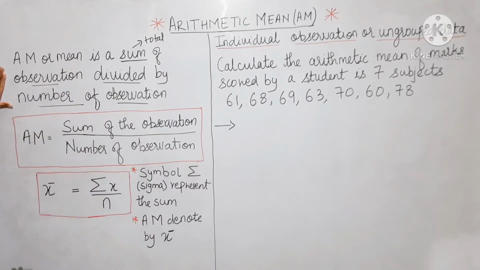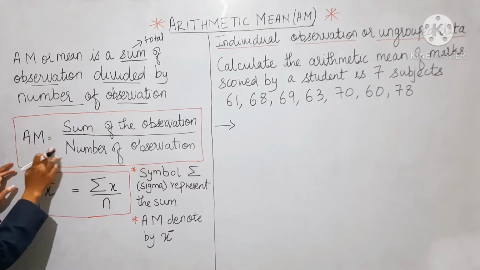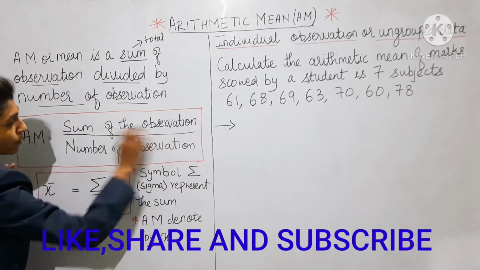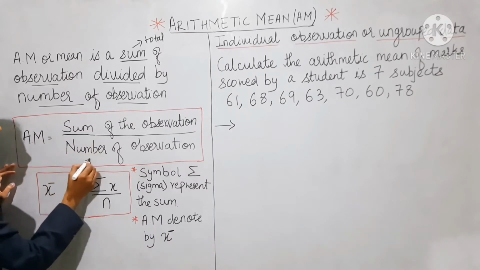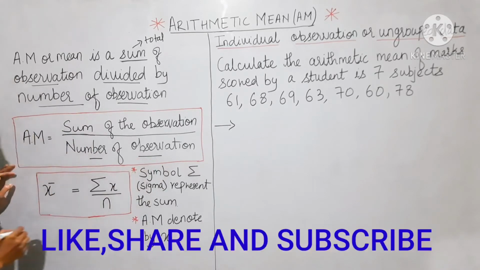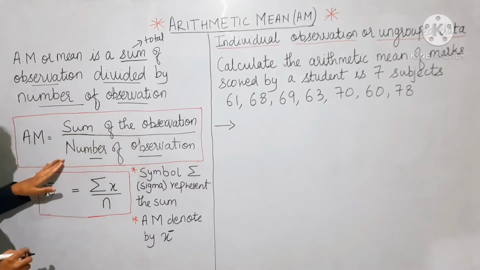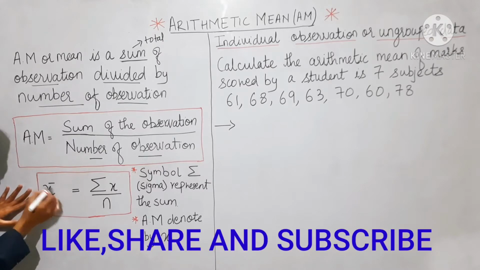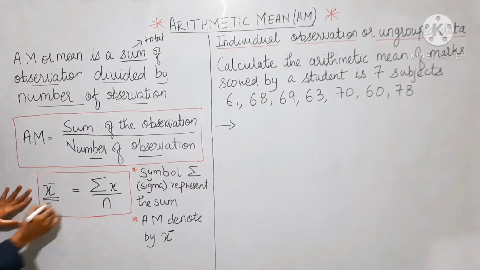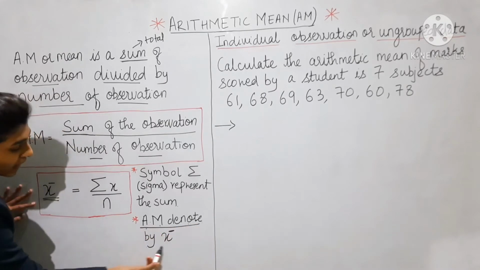If we put this definition into a formula, the formula to calculate arithmetic mean: AM is equal to sum of the observation divided by number of observation. In symbols, AM is denoted by x bar.